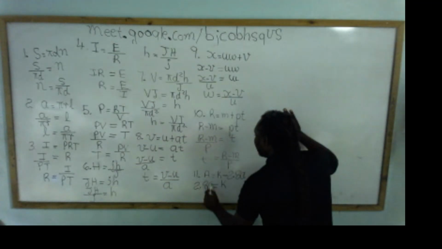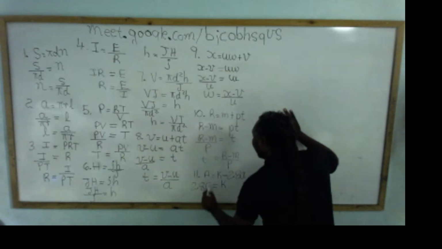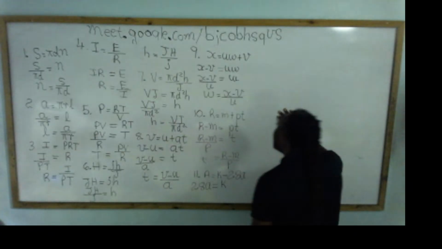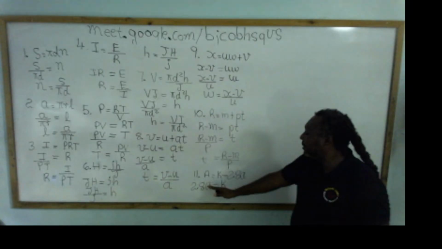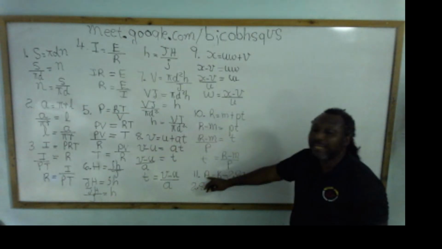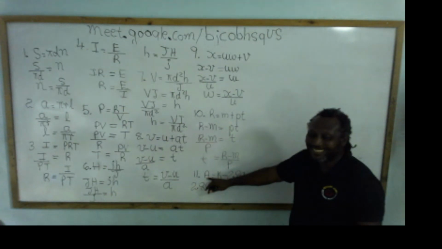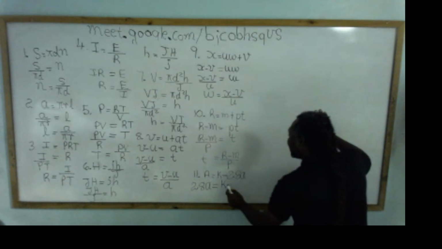Now, in the same breath, if we just add the 2.8a to both sides, we will have this a still present on the right-hand side. On the left-hand side, in the same breath, we will eliminate this positive a by subtraction. So we have minus a right there.